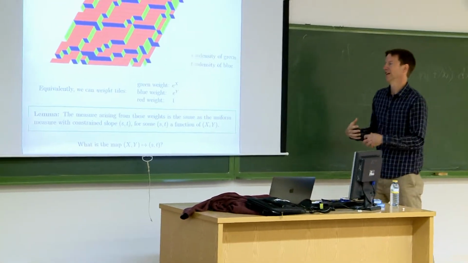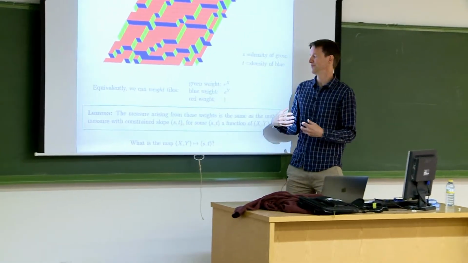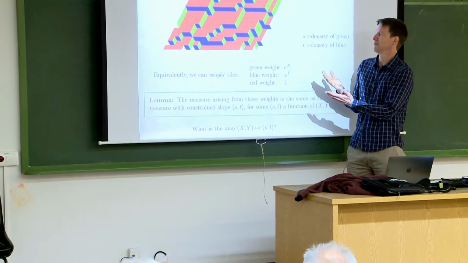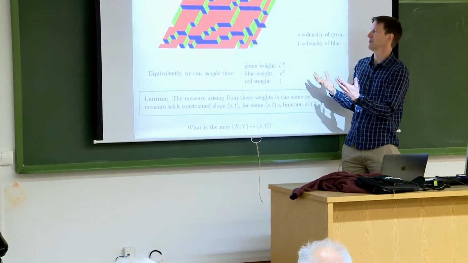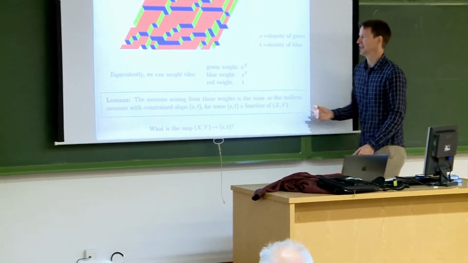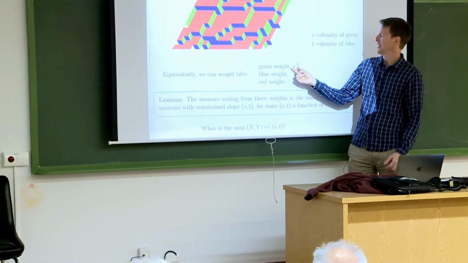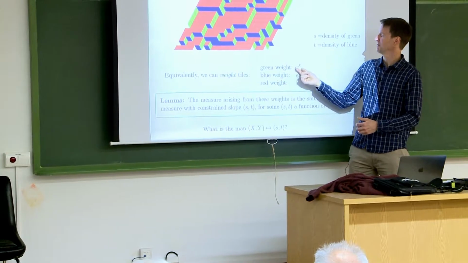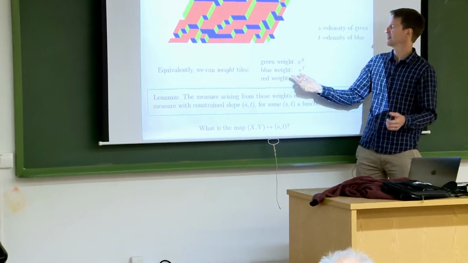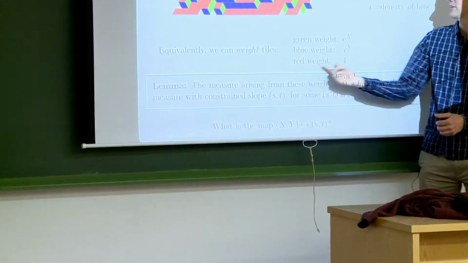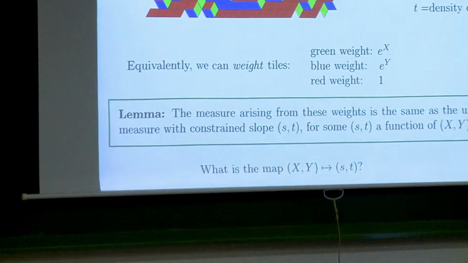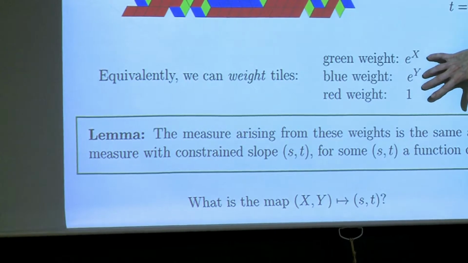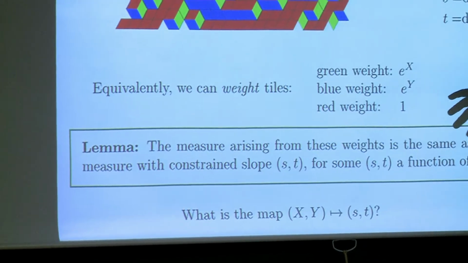Alternatively, I can change the underlying measure away from the uniform measure. If I give each tile a weight depending on its color, like the green tiles get a weight e to the x, blue tiles get a weight e to the y, the red tiles get weight e to the z, or 1 if I scale, then the weights play a role of changing the measure.